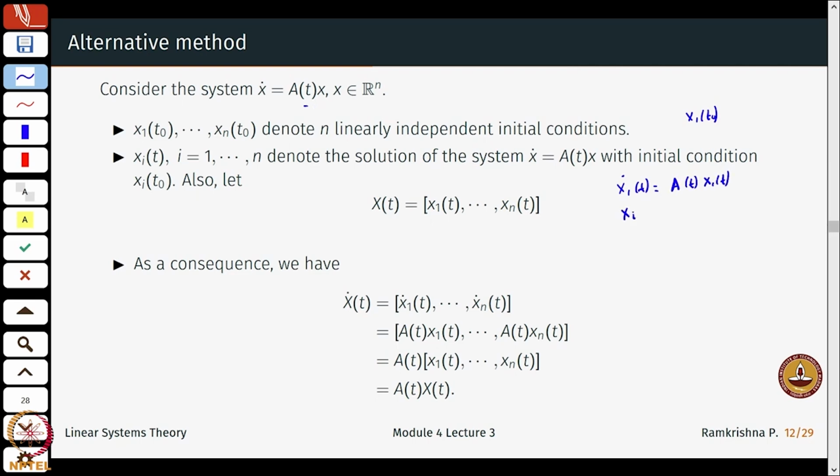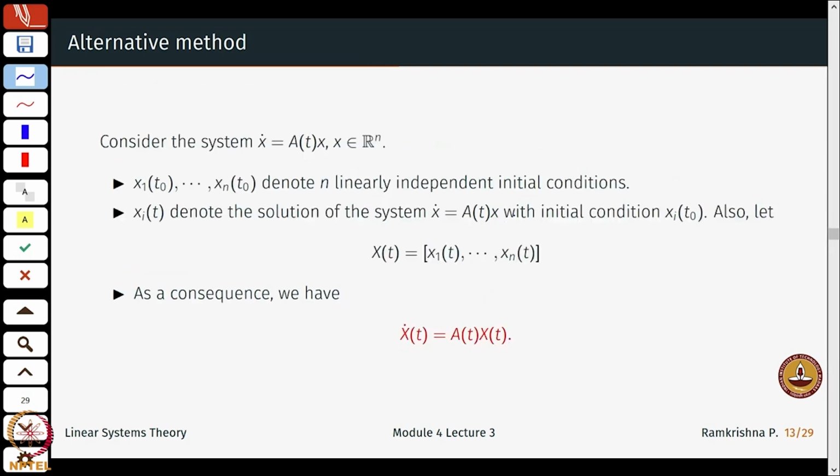Similarly, for any i, xi dot of t is A of t xi of t. And therefore, I can write this as a matrix differential equation: x dot of t, where x is now an n cross n matrix, is A of t x of t. So, I am just combining these solutions.